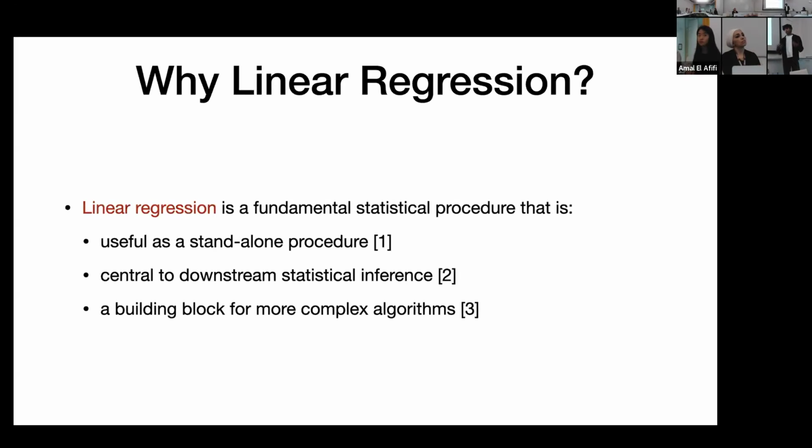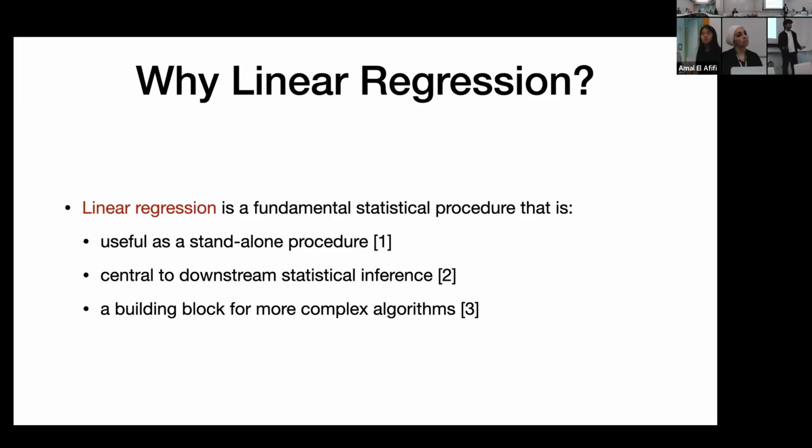I think we all know why linear regression is important. I don't think this needs a huge amount of separate exposition, but just as a brief reminder, linear regression itself is a very useful, arguably canonical statistical procedure that's pretty useful in and of itself. It's really central to downstream statistical inference. So if I want to generate confidence intervals for some predictions or any other statistic, I really need to be able to do linear regression.